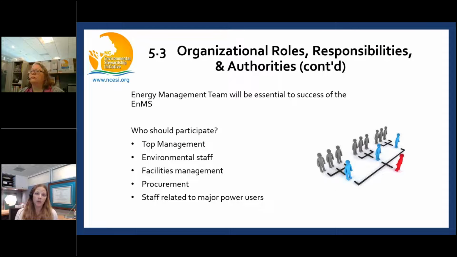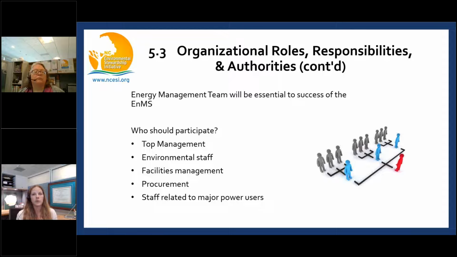Okay, so the energy management team will be essential for the success of the ENMS. Who should participate in the energy management team? Some top management would be fantastic. Definitely want to have your environmental staff. If you have energy staff as well, awesome. If you have your facilities management team, some leadership in facilities management, that would be good.